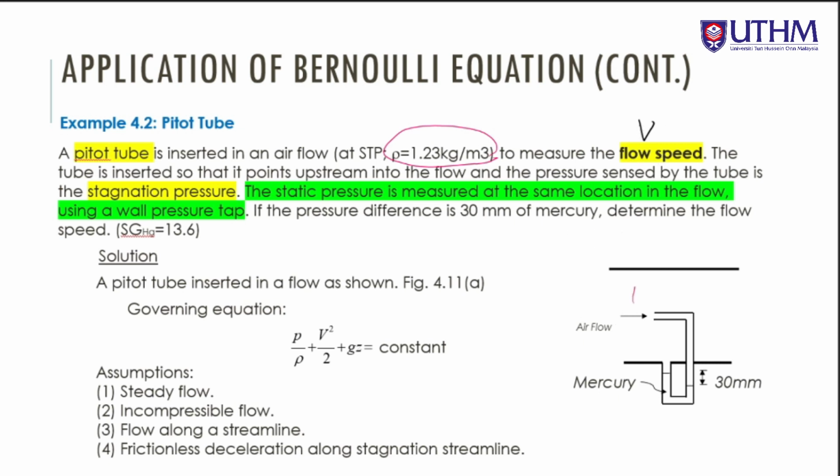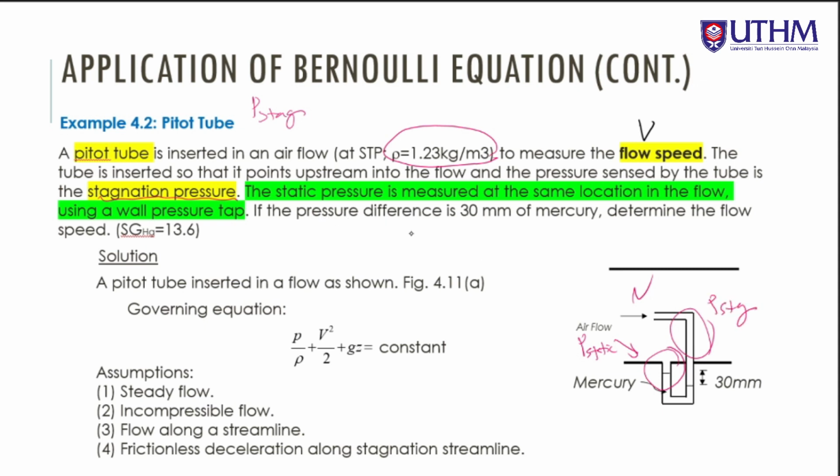The tube is inserted so that it points upstream into the flow, and the pressure sensed by the tube is the stagnation pressure. The static pressure is measured at the same location in the flow using a wall pressure tap. So this one measures the P static, and the pitot tube is used to measure the P stagnation.